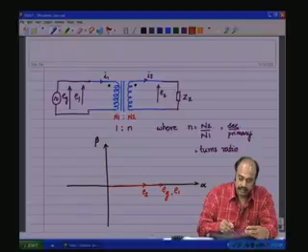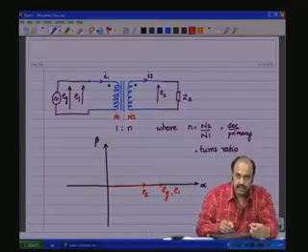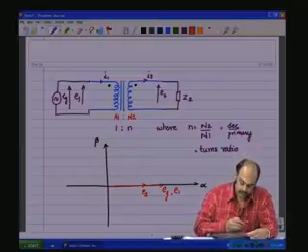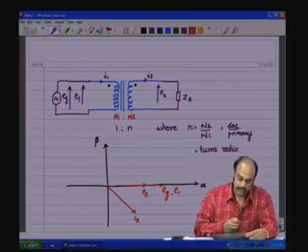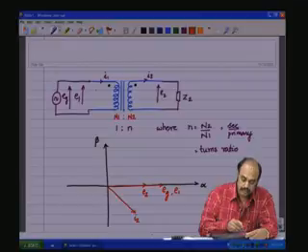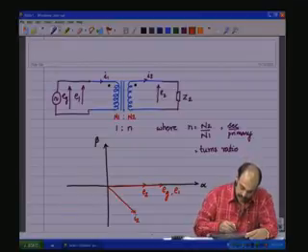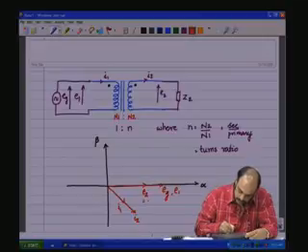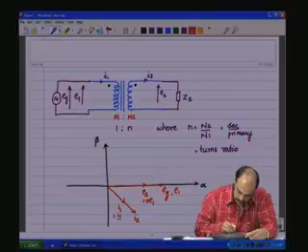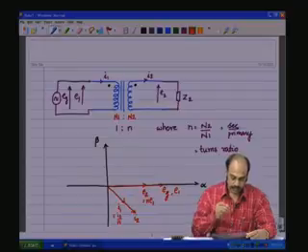If it is an RC or lead network, then I2 will lead E2. If it is a lag kind of network, that is an inductive impedance, then I2 will lag E2. Let us say it is a lagging impedance, then you will have I2 just like that. Then I1 and I2 will be in phase, only the difference is by the turns ratio, and this is going to be I1. So, E2 is equal to N E1, I1 is equal to I2 by N. So, this is the phasor diagram.